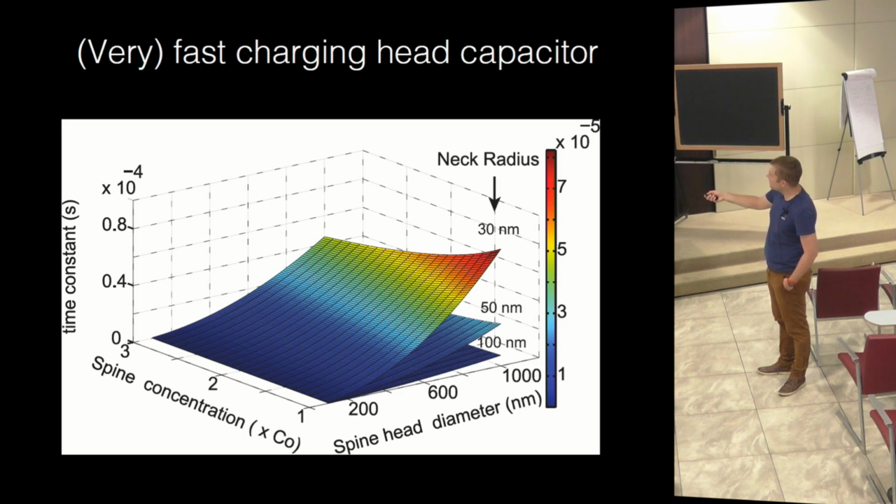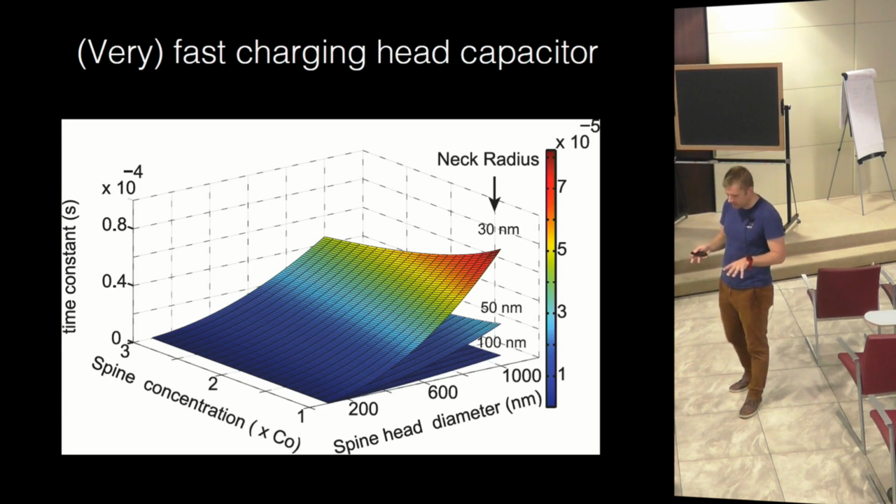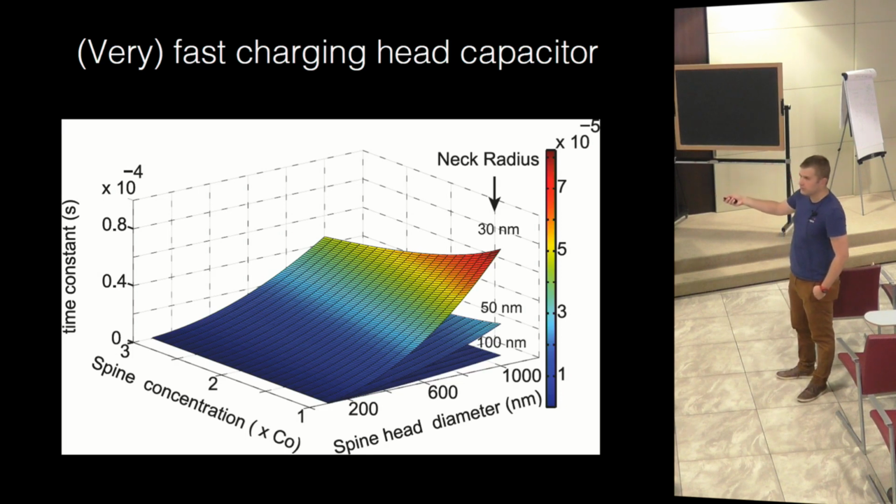So you see that the charging time constant is at most 1/10 of milliseconds when you have a very high neck resistance and very large spine head diameter and very low concentration. So in the most favorable scenario, this time constant of charging and discharging the head capacitor, or the potential varying when you introduce some new ions, will be less than 1/10 of milliseconds.